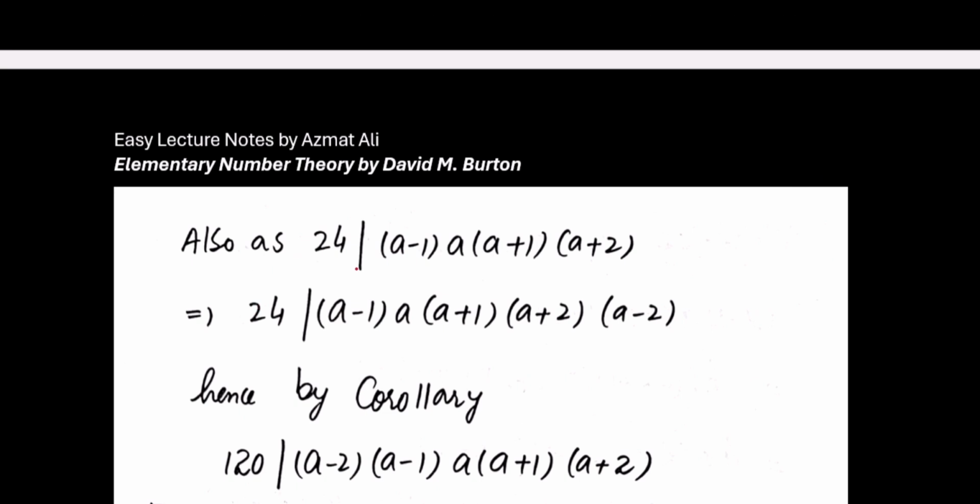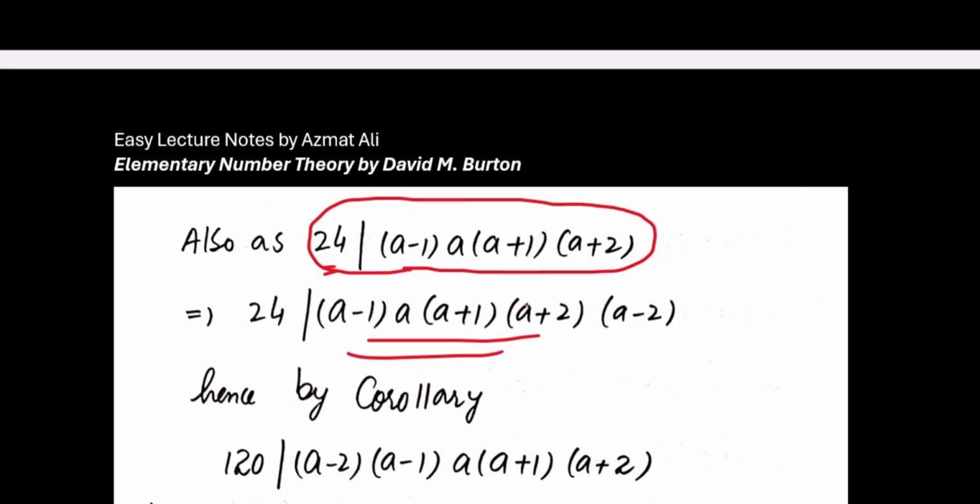Next target is to show this product is also divisible by 24. As 24 divides the product of 4 consecutive integers, we have shown this result in the above part. So if 24 divides the product of 4 consecutive integers, it must be that 24 will divide the product of 5 consecutive integers. The product of these 4 consecutive integers will be a multiple of 24, suppose equal to 24k.